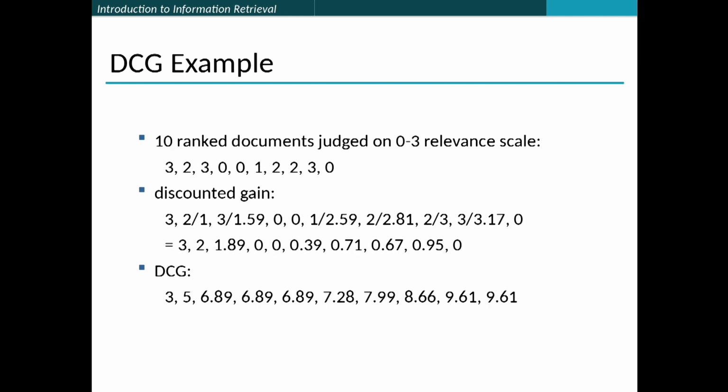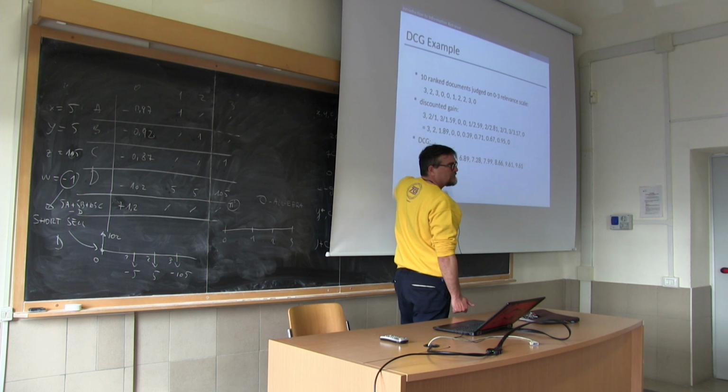And thus finally you will sum up all those results, and the DCG is the cumulative. So 3 plus 2, 3 plus 2 plus 1.89, and so on and so forth. This is an evaluation of one ranking, then you will have the evaluation of another ranking, and so you can compare the two vectors.